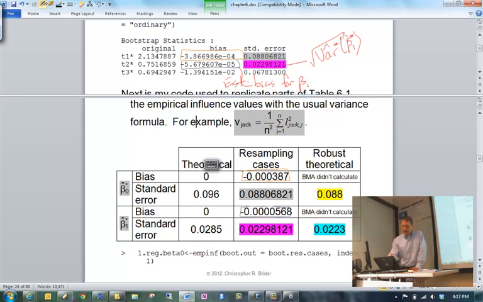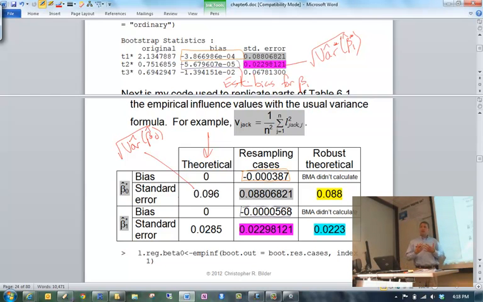So they have a column that's called theoretical. And what this represents is, for beta hat 0 and beta hat 1 itself, notice I'm not saying stars, what the bias will be. Of course, the least squares estimates are unbiased estimators. And also what they put in the table is the square root of the estimated variance of beta hat 0.